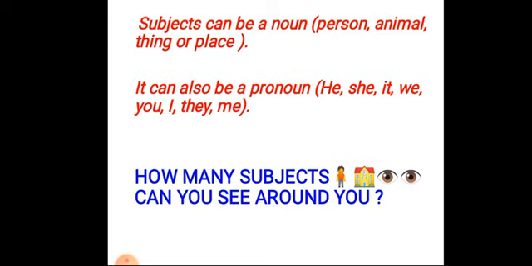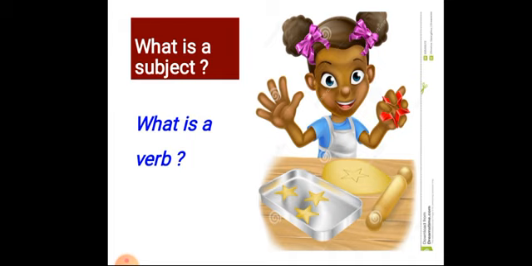It can also be a pronoun, because if I don't want to say the girl is baking, I can replace that name, the girl, with she. She is a pronoun for a girl. She is baking. I'm also correct.